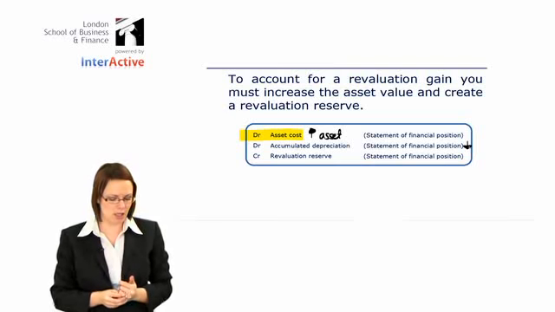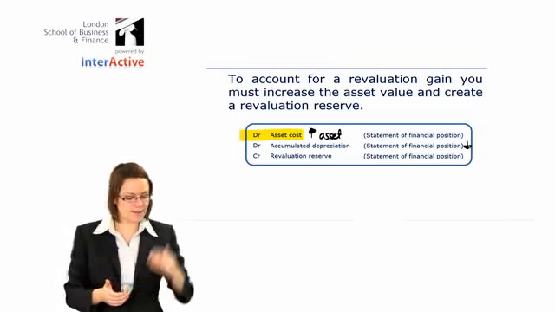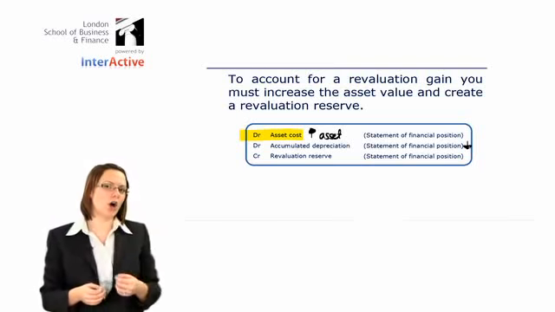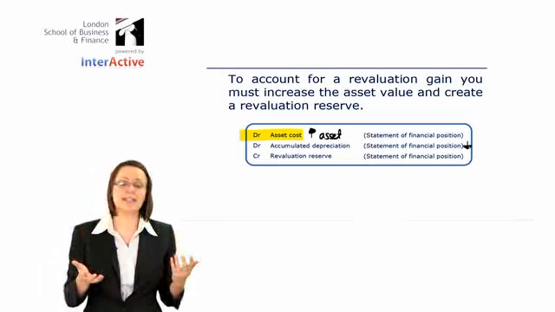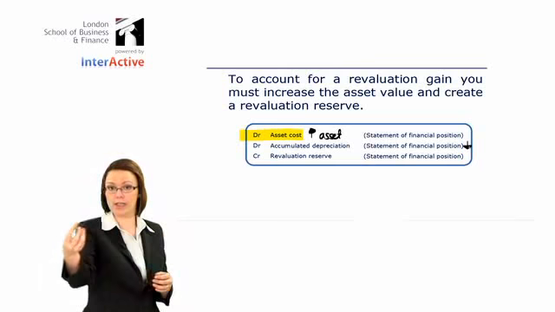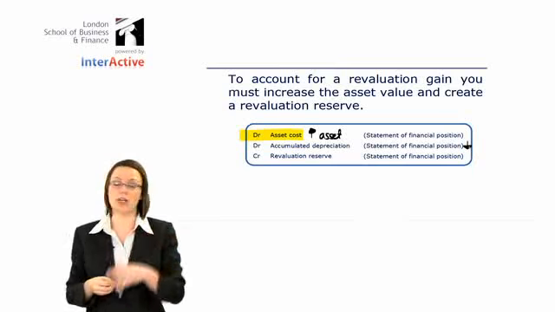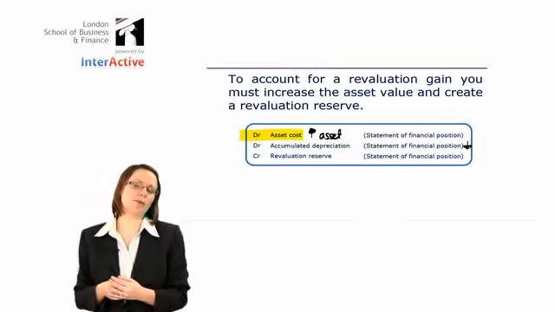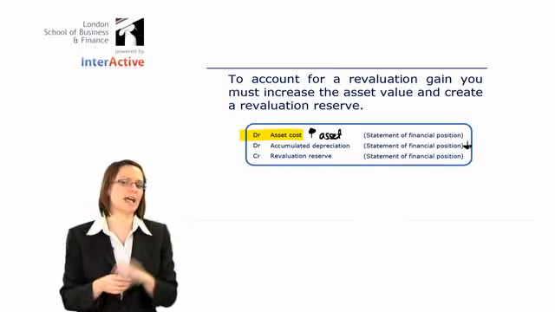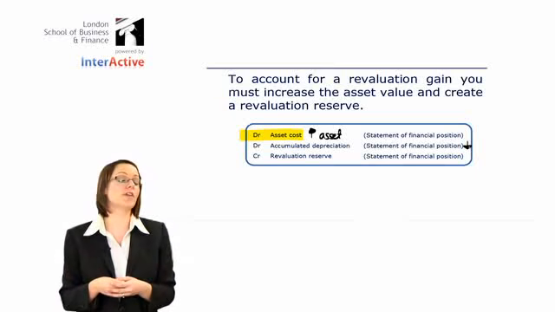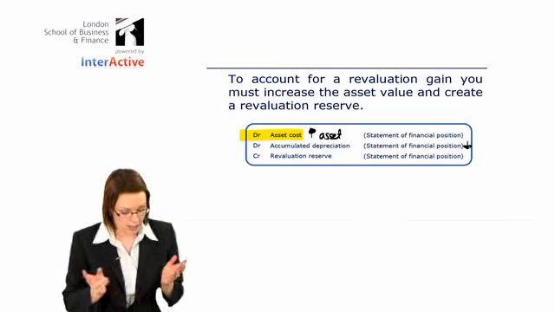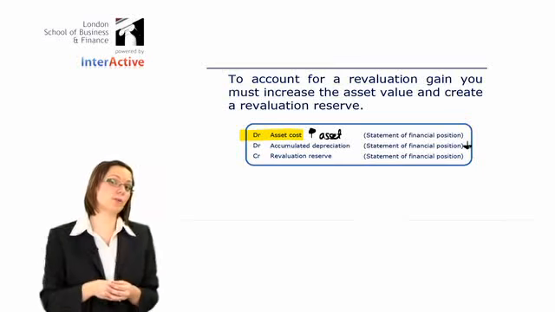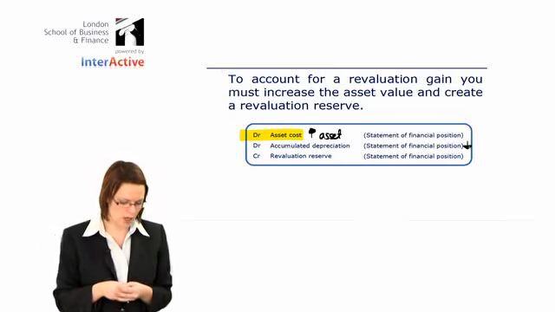Okay? So then what we would say is debit asset cost with the 27,000, the difference between the original cost of 3,000 and what we want it to be of 30,000. Debit accumulated depreciation to clear it out, so that would be the other 1,000. And then your corresponding credit entry would go to the revaluation reserve.